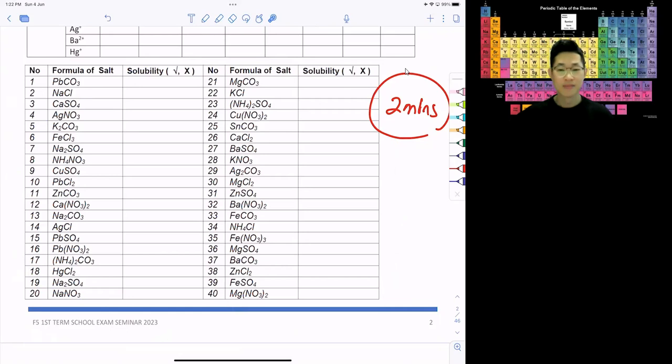Okay. If you don't have the notes, you can download it from the website.